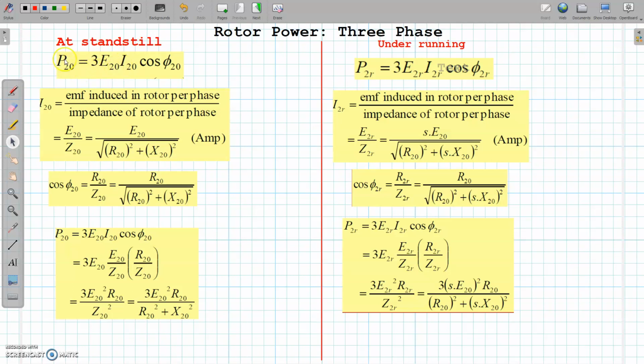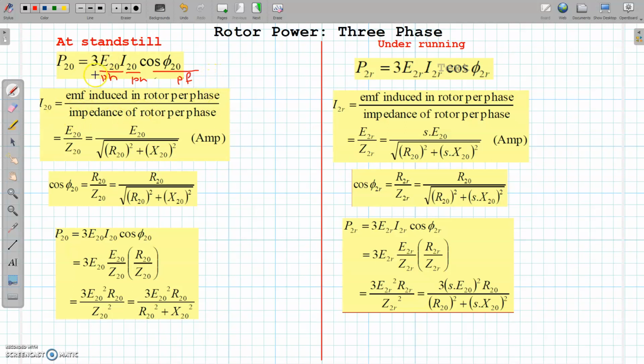So P20, the rotor power at standstill, is equal to 3 E20 I20 cos phi 20, where E20 is the phase value of the rotor induced EMF, and phi 20 is the power factor angle at the standstill condition.